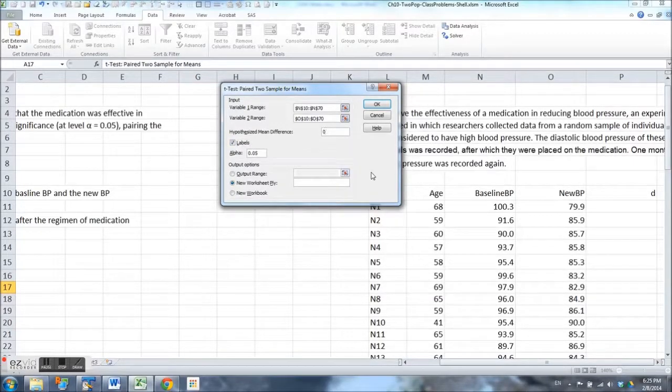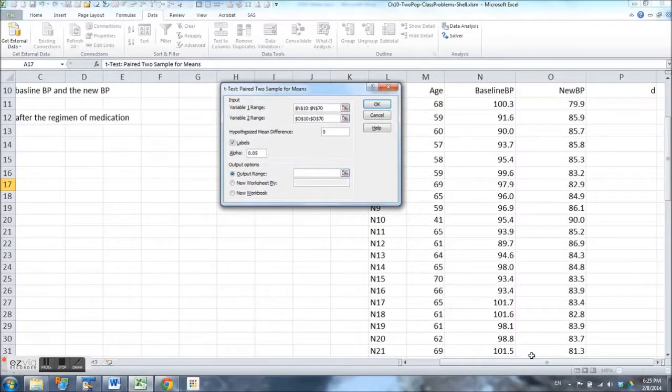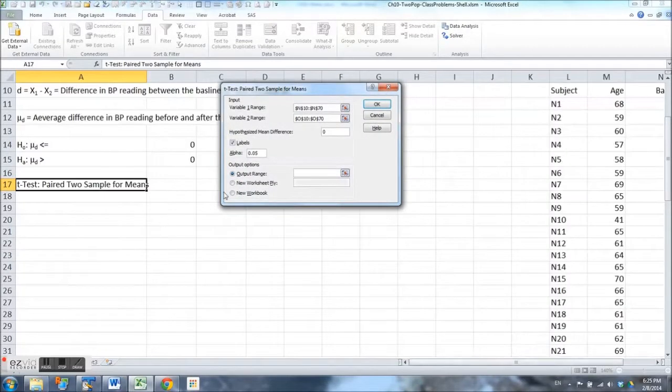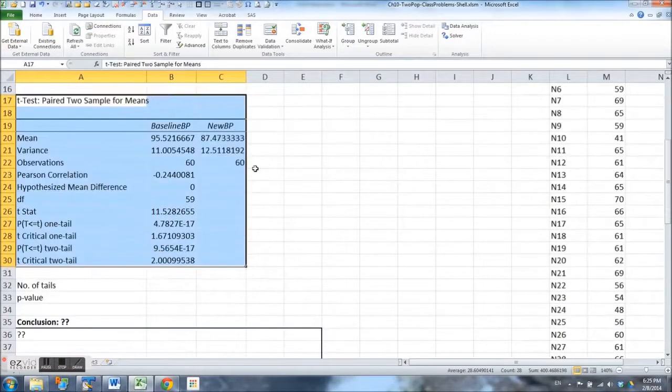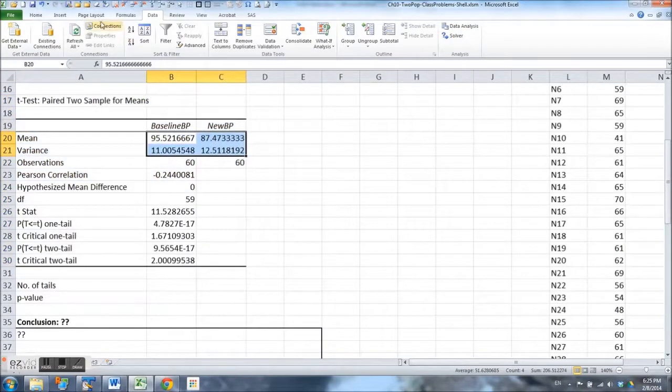The hypothesized mean difference is 0 and the output is this. Click OK. Format.